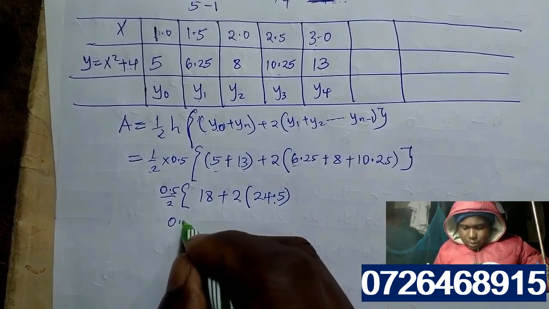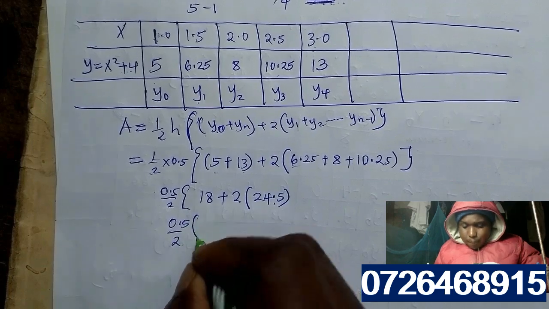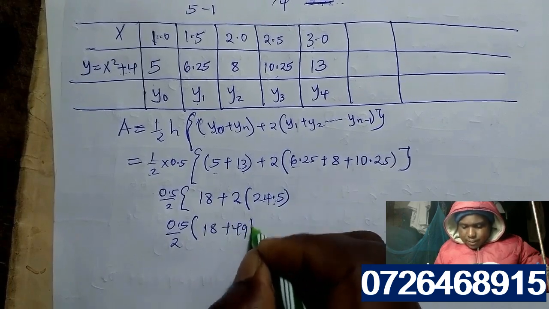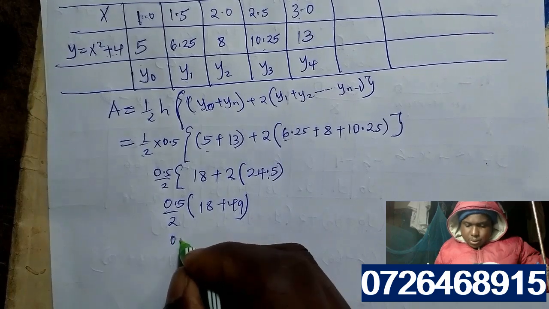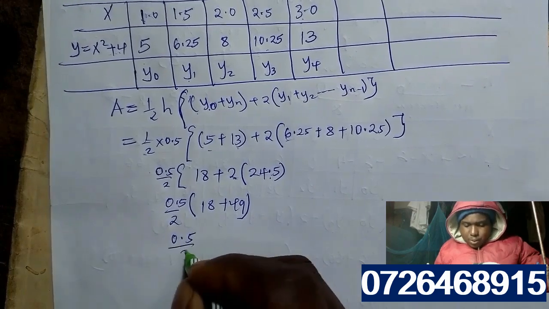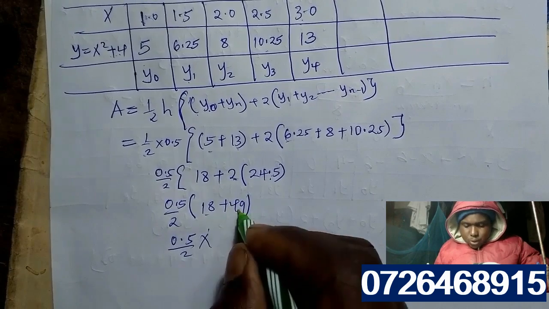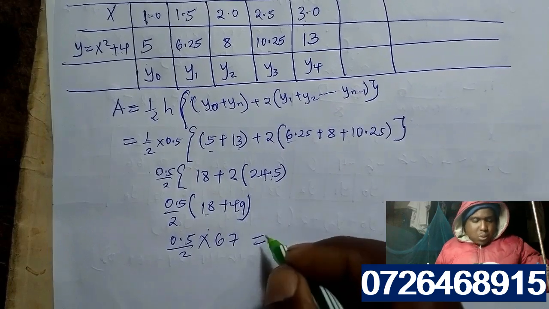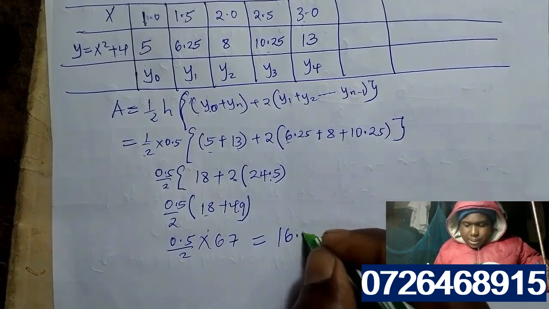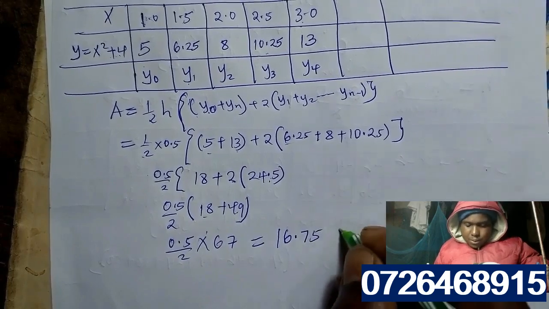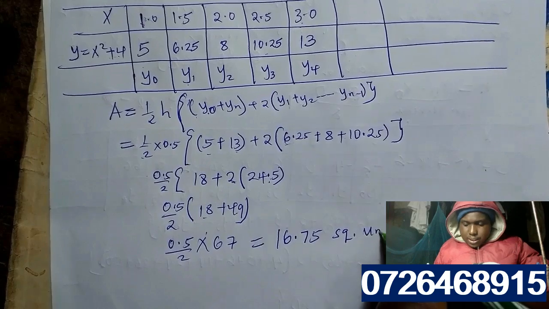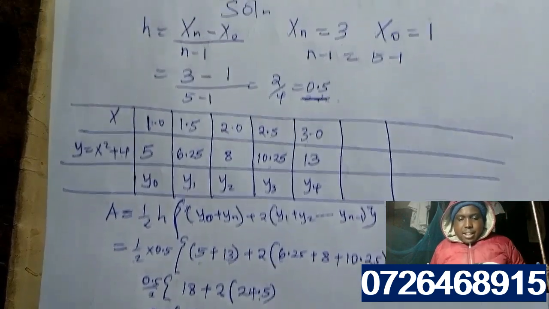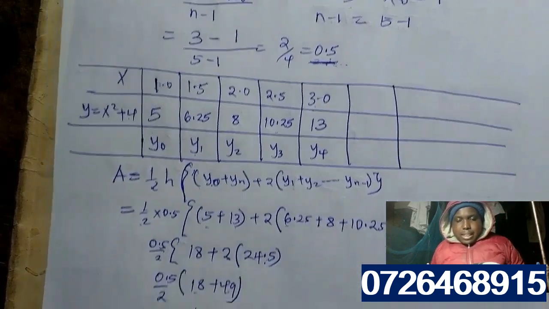So we have 0.5 over 2, step by step, times 18 plus 49. 0.5 over 2 times the total, which is now 67. Use your calculator, it will give you 16.75 square units. And that is how you get your area very comfortably.